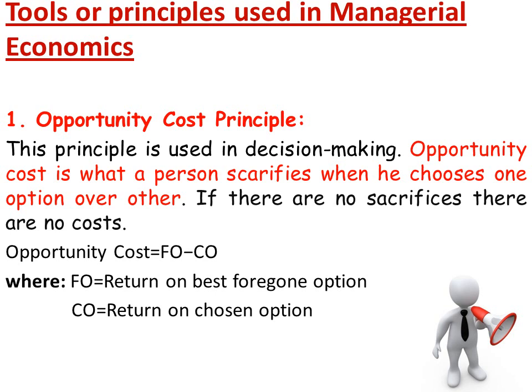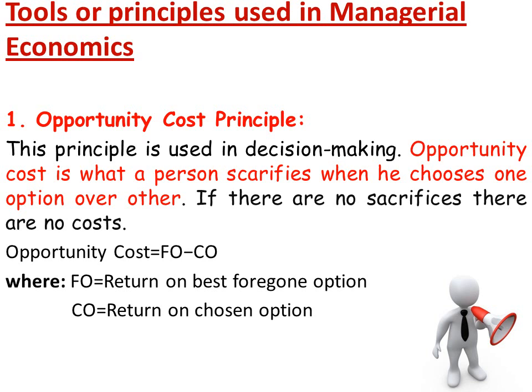When a person is already using an option and does not want to keep it any more, and wants to shift to the next best alternative, the cost he is going to sacrifice will be the opportunity cost.